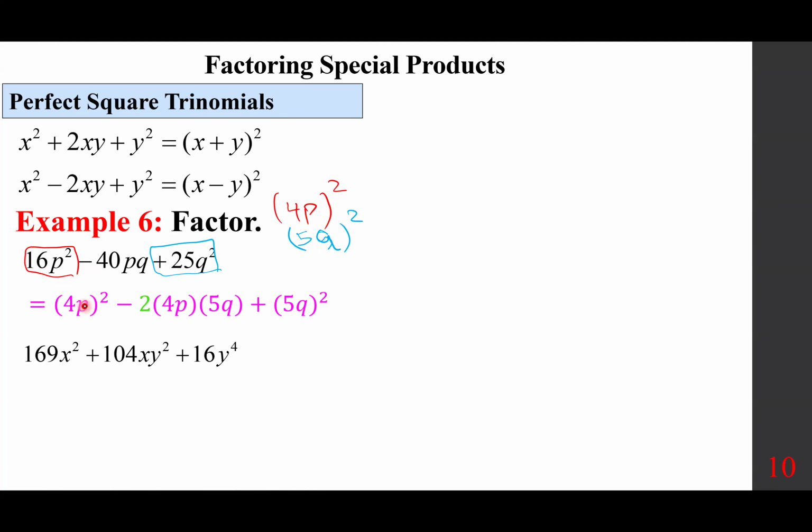So I have 4p squared minus 2 times 4p times 5q plus 5q squared. Therefore, it's this format, 4p minus 5q, x minus y, quantity squared.